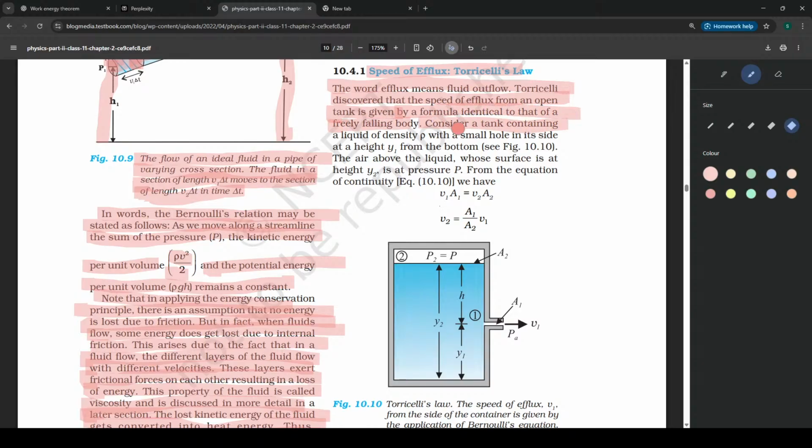If we consider a tank containing a fluid of density rho with a small hole in its side at height y1 from the bottom, the air above the liquid whose surface is at height y2 is at pressure P2. From the equation of continuity, we have V1 A1 equals V2 A2.